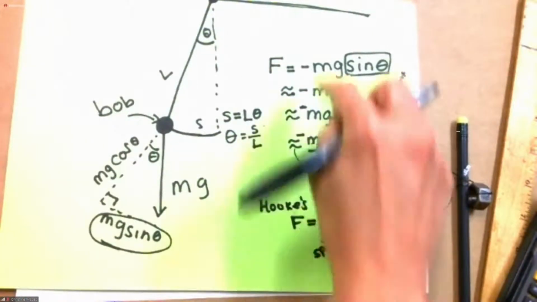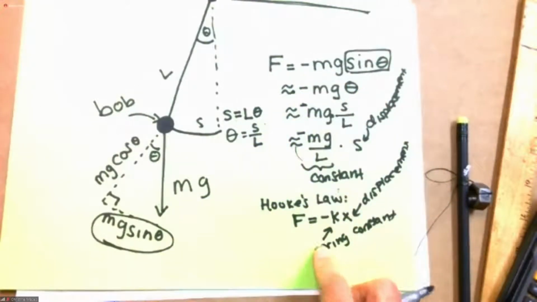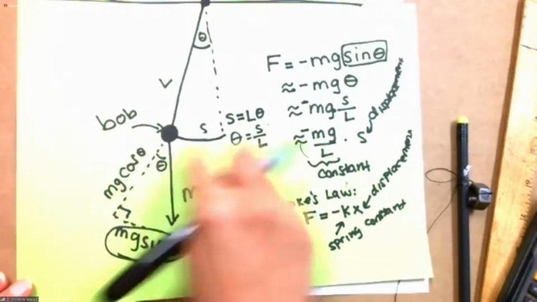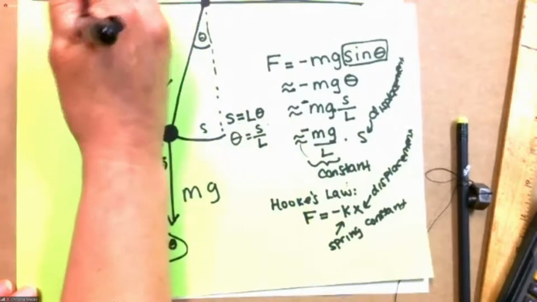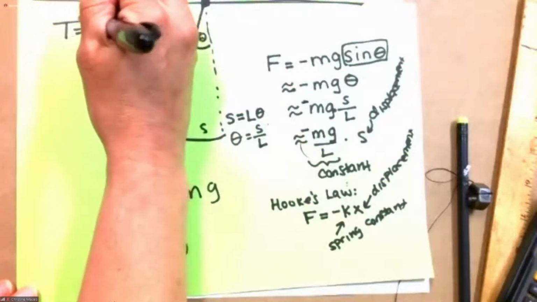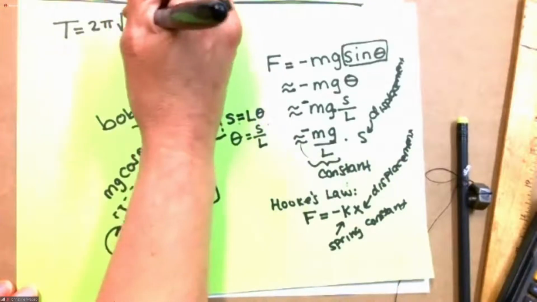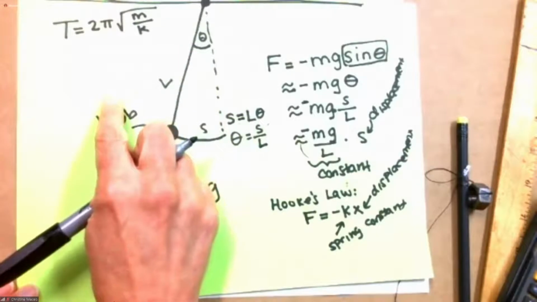So I can use these two pieces of information together to come up with a way of expressing the period of this motion using the period of a spring, which is T equal to 2 pi times the square root of mass over k. This is for a spring itself.